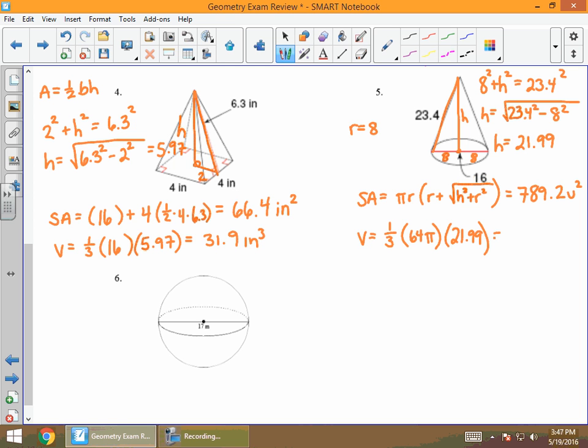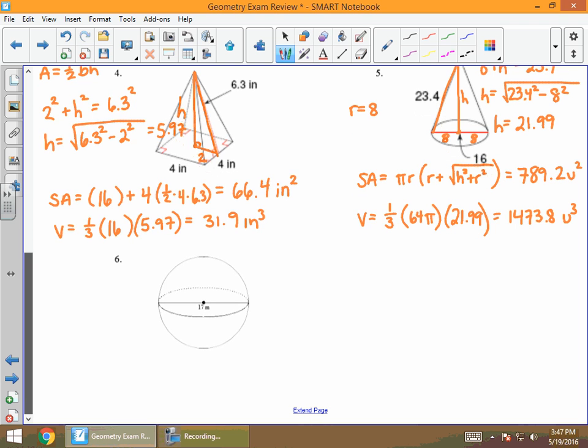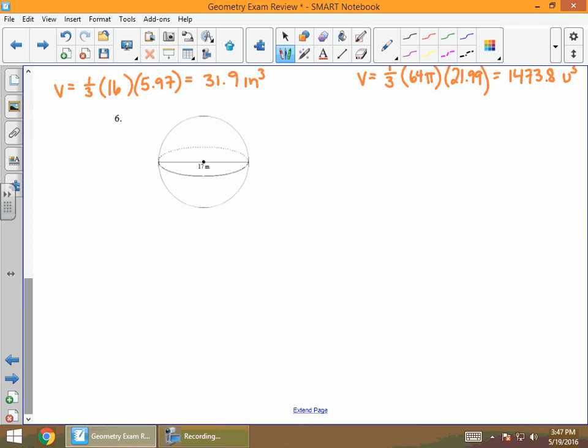So this one's not too bad. 1,473.8. And those are cubic units. Again, do I expect you to memorize those? Absolutely not. Please do not take time to try to memorize those. Being able to just use the manipulations, I think, is a much better use of your time.